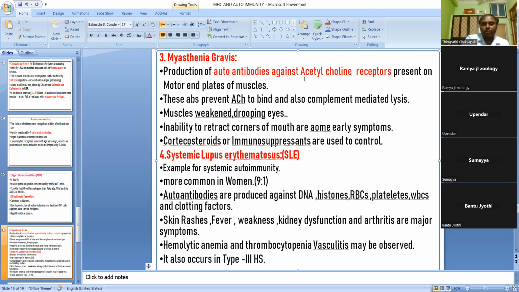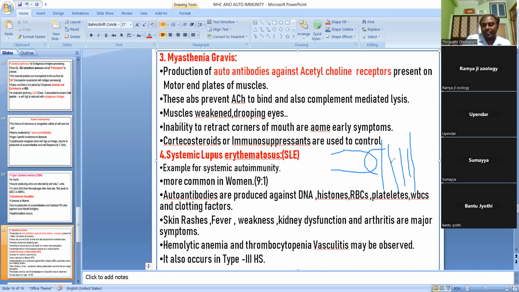Okay, production of autoantibodies against acetylcholine receptors present on motor end plates, particularly. Just wait. What is the motor end plate? So this is the nerve ending. This is a skeletal muscle.